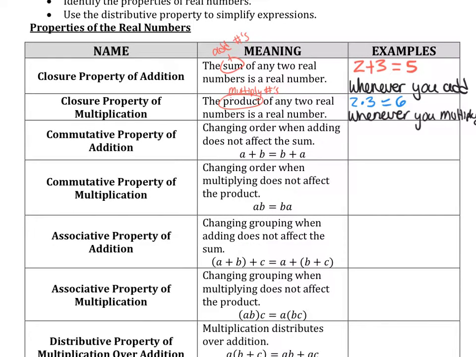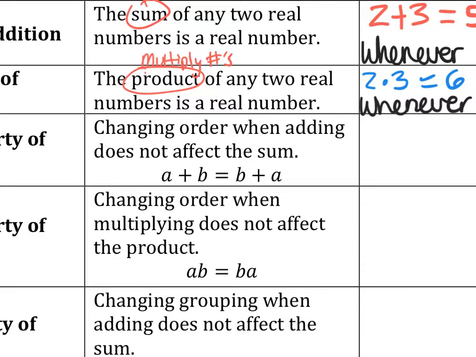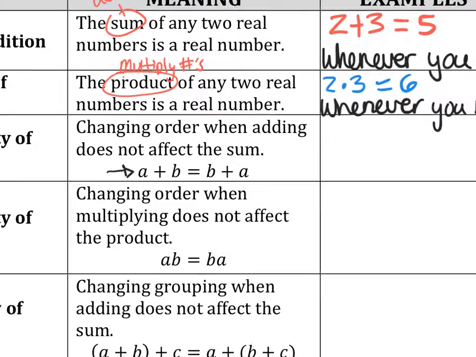So the next two properties are the commutative properties. There's the commutative property of addition and the commutative property of multiplication. With both of these, basically we're just changing the order. It doesn't affect either the sum or the product. So for the commutative property of addition, a plus b is the same as b plus a. The order doesn't matter when you're adding.